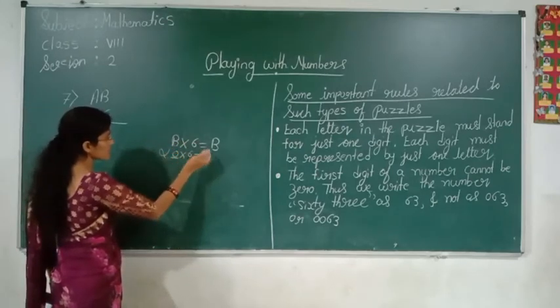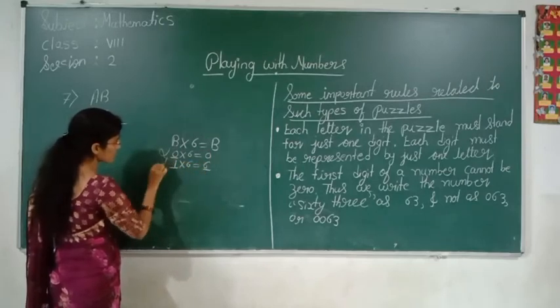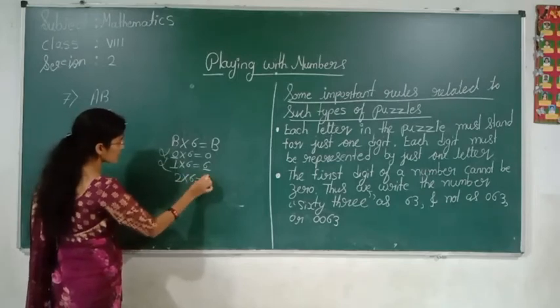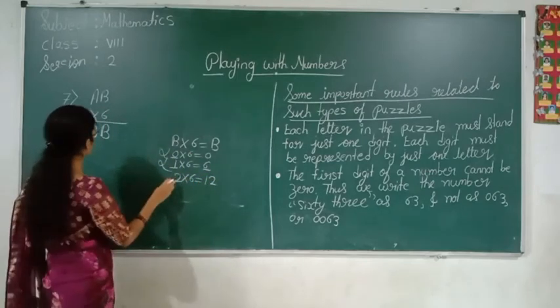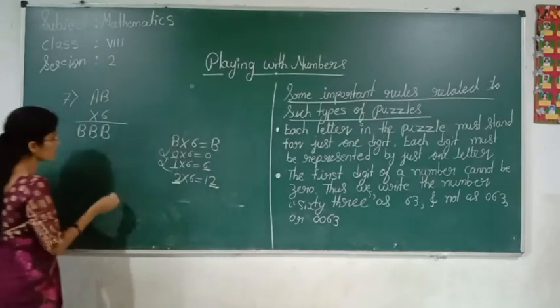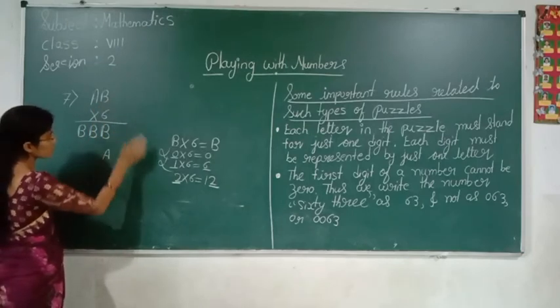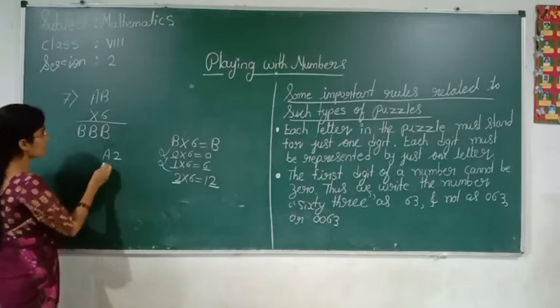1 6 is 6. These are not same. This is also not correct. 2 6 is 12, right? Here if I put A in place of B, if I put 2, what will happen?